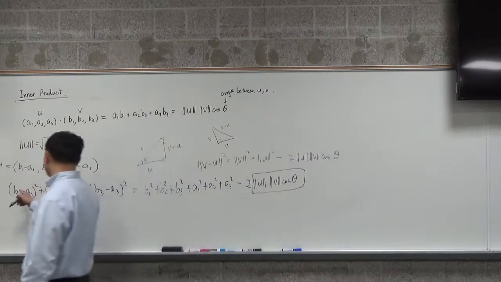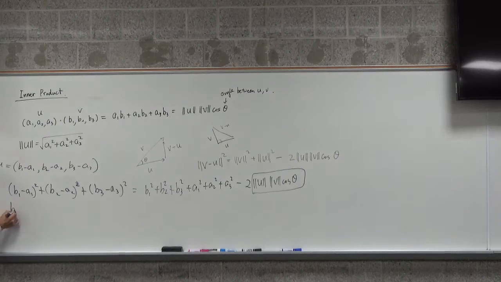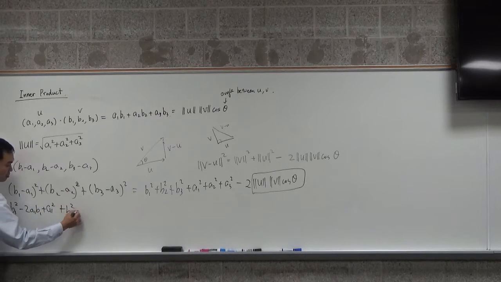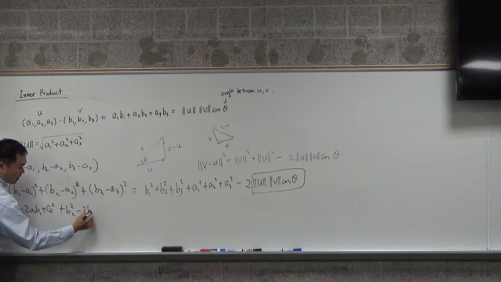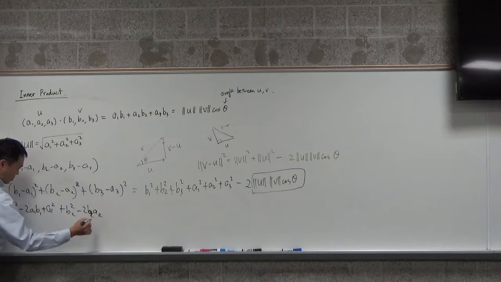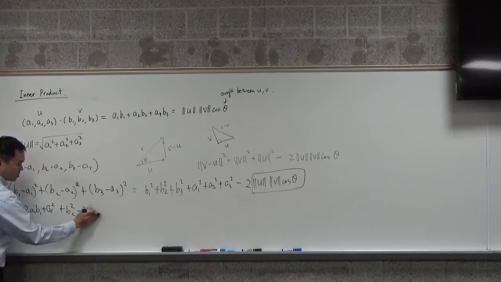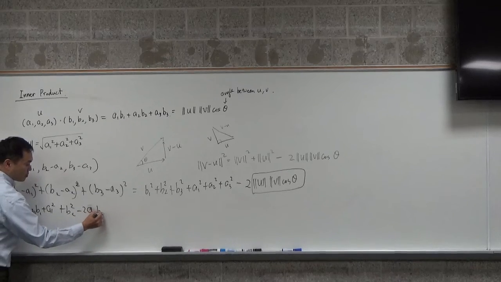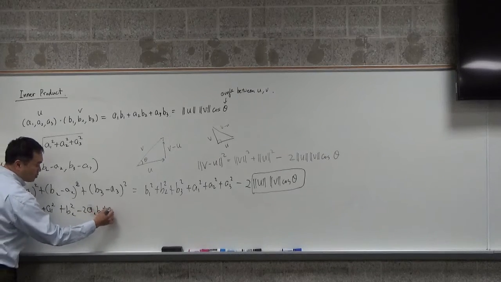If you expand all this, this is B1 squared minus 2A1B1 plus A1 squared, right? And this one is B2 squared minus 2A2B2 plus A2 squared.